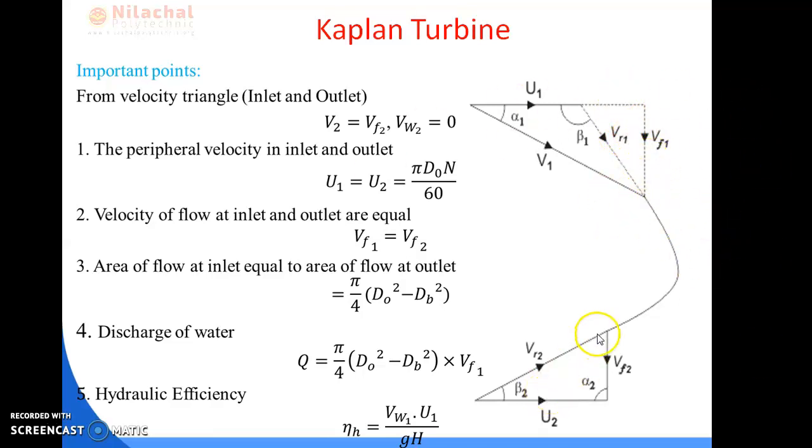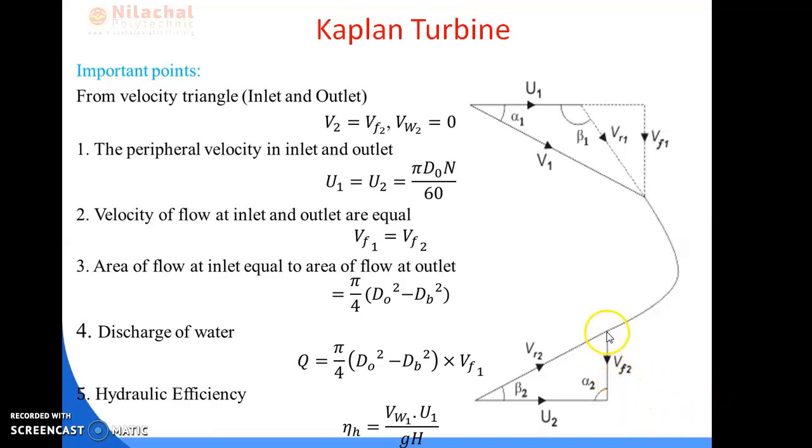We have seen that the flow of water at the outlet is perpendicular to the runner. So we drop a line perpendicular to the curved surface, that is Vf2. Vf2 is nothing but the velocity of water at outlet, V2.